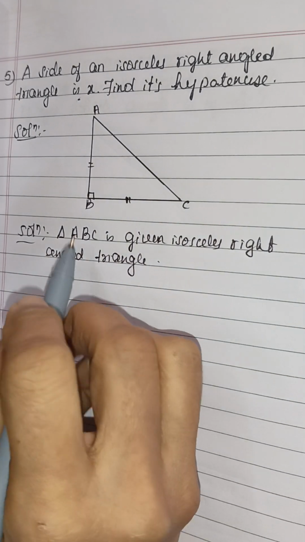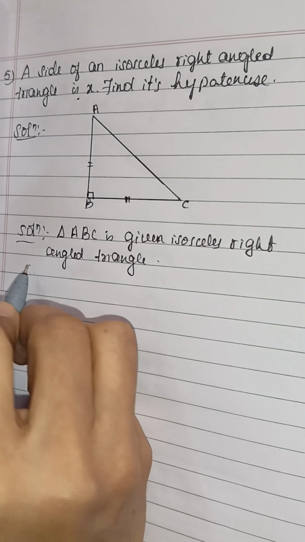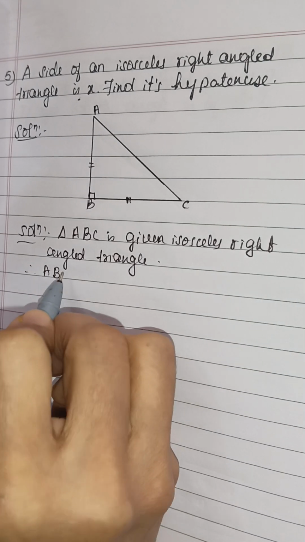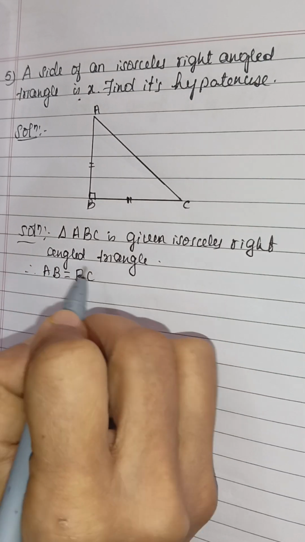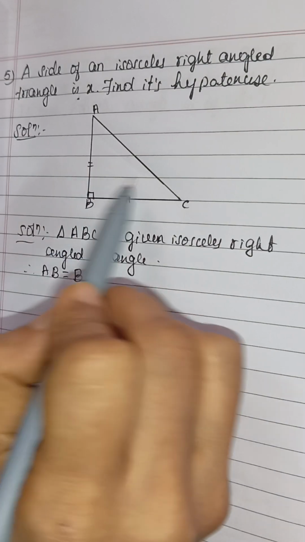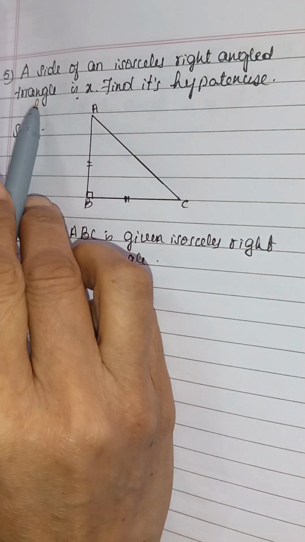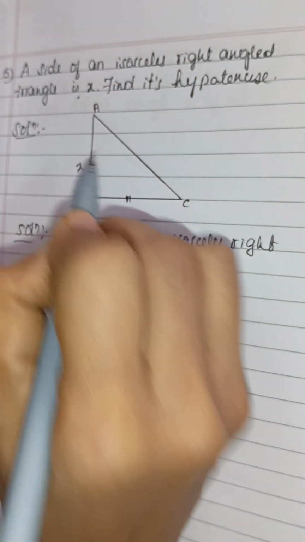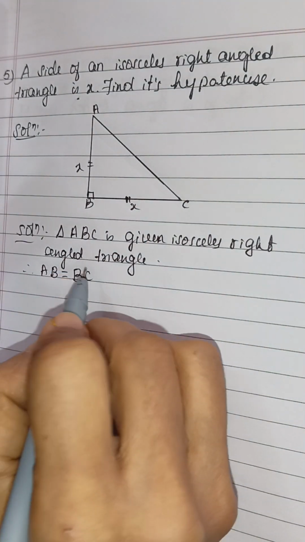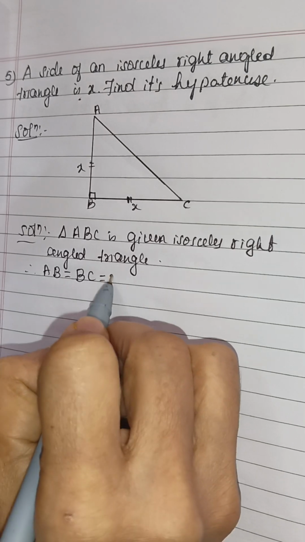Therefore, AB equals BC, isosceles because these two sides are equal. Each is x. See, this is x, this is also x. AB equals BC, that is x.